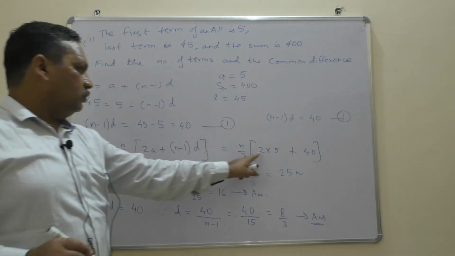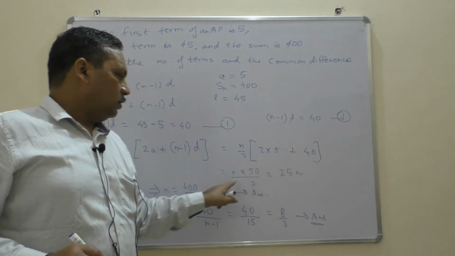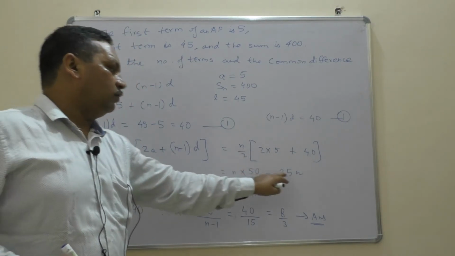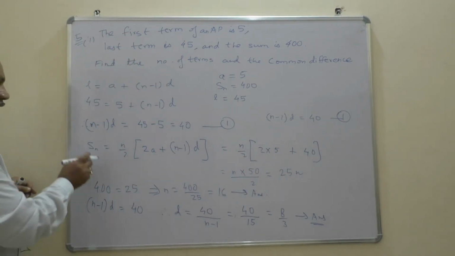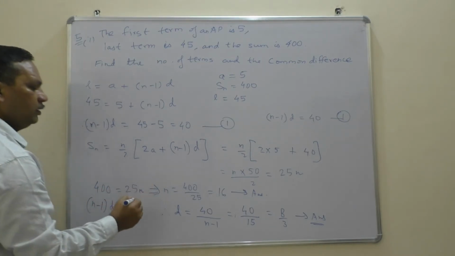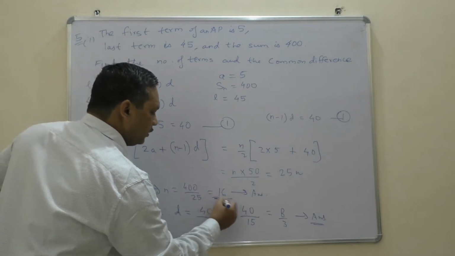So n by 2, 2a is 10, plus n minus 1 d, which is 40. So I get 10 plus 40, 50 upon 2, 25 into n. And Sn is 400. So 400 is equal to 25n. Therefore n is equal to 400 upon 25, which is 16. So I got n as the answer.